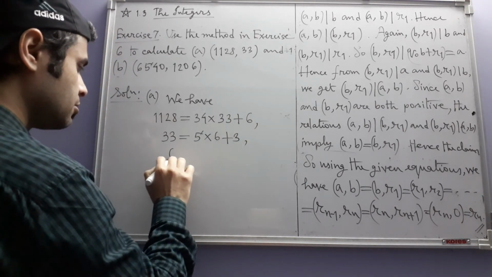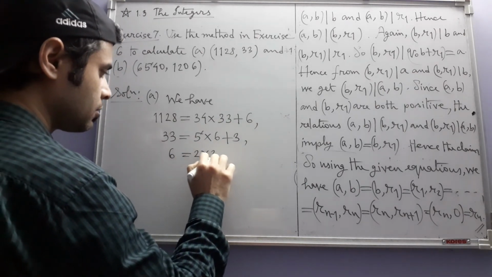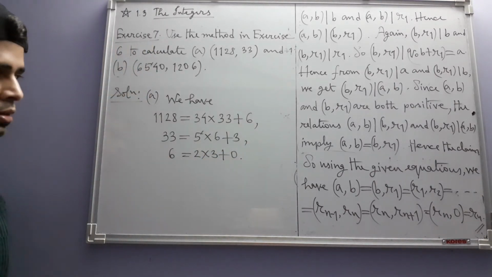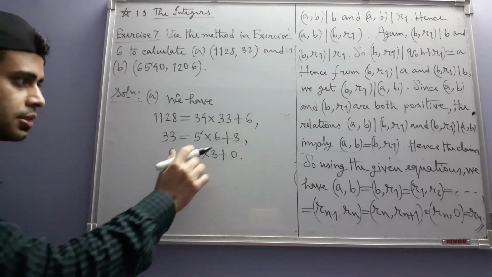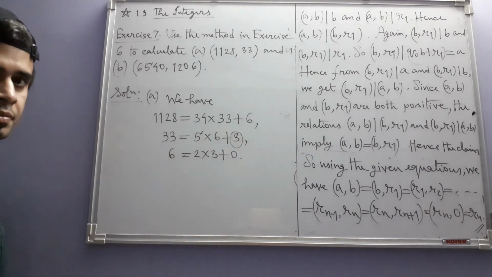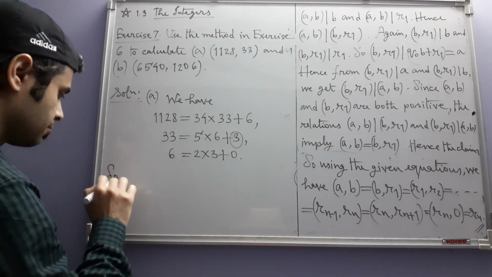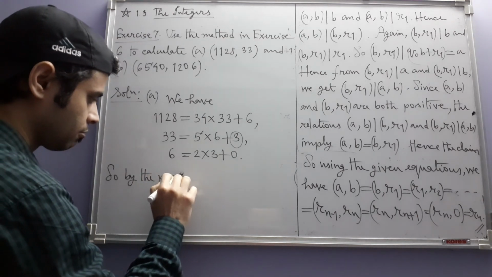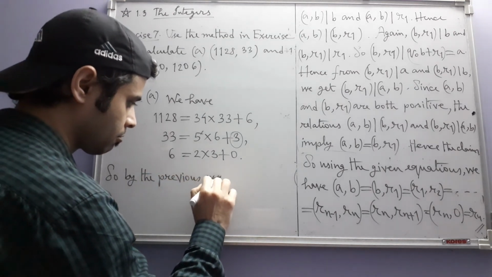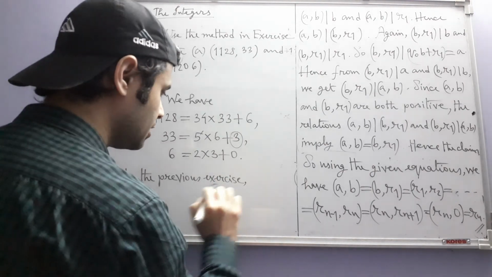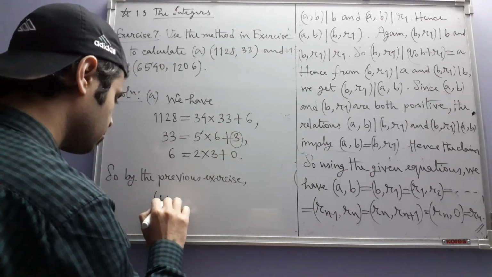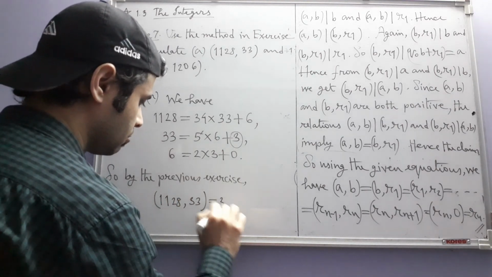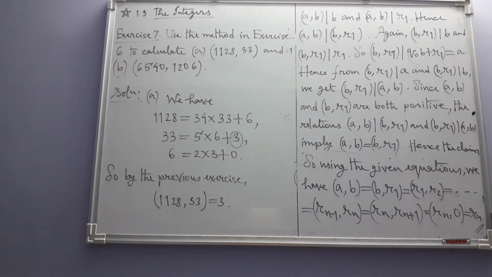Then I divide 6 by 3. So you can see that I have got 0 remainder here. So according to my previous exercise, this is the GCD. So by the previous exercise, the GCD is 3.